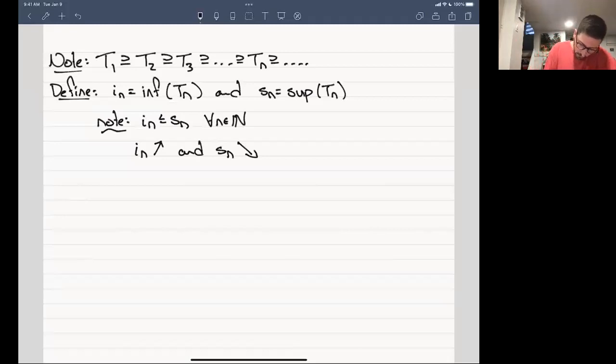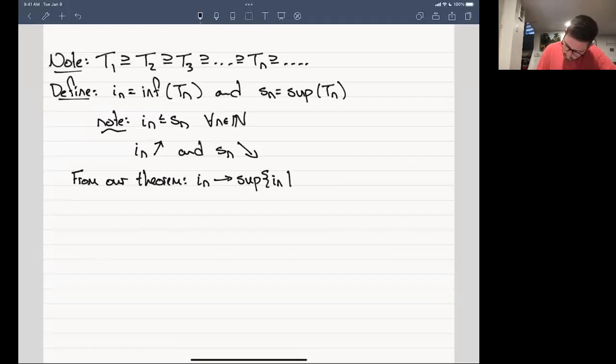So from our theorem in this lecture, this tells us that I_n, since it's increasing, approaches its own supremum. And S_n, since it's decreasing, is going to approach its own infimum.